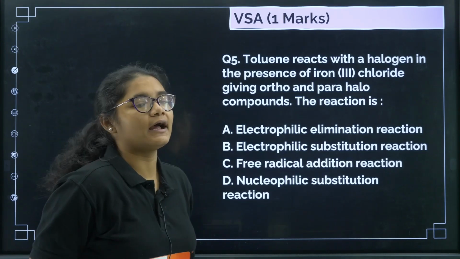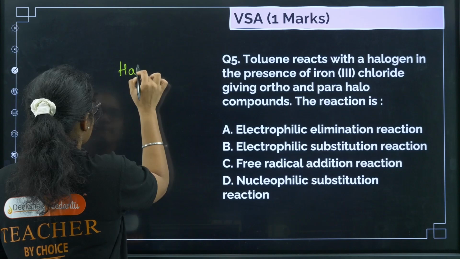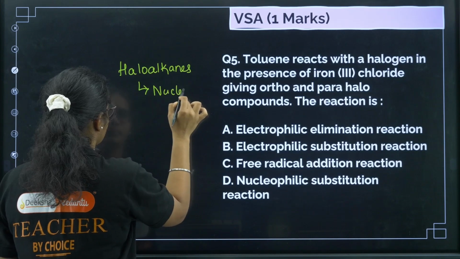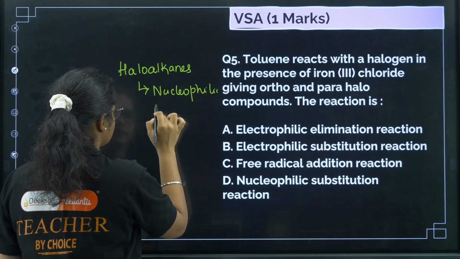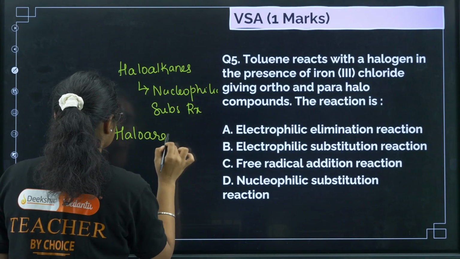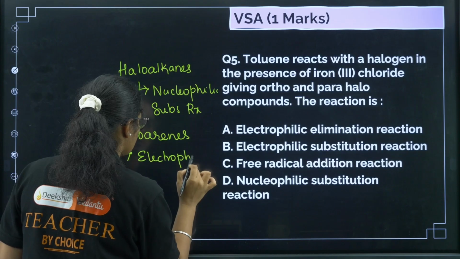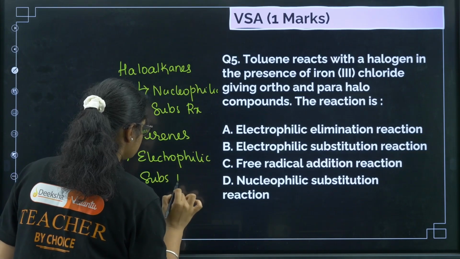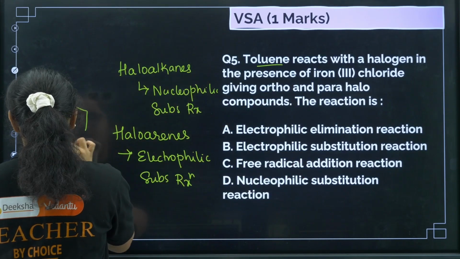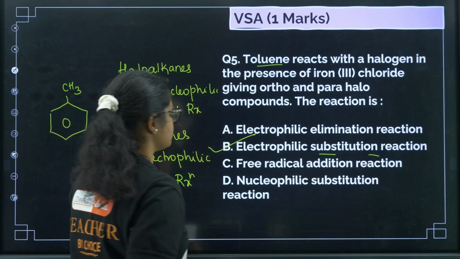Remember, haloalkanes give nucleophilic substitution reactions, but haloarenes or benzenes give electrophilic substitution reactions. Here we have toluene, which is an aromatic compound, so it will give an electrophilic substitution reaction, that is option number B here.